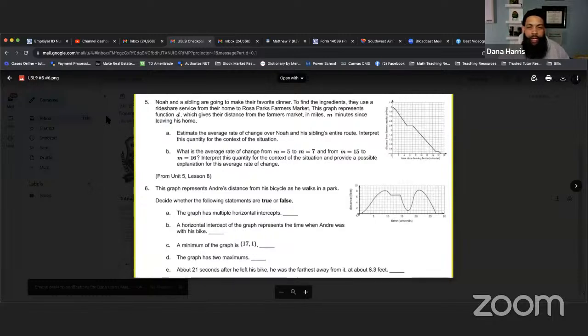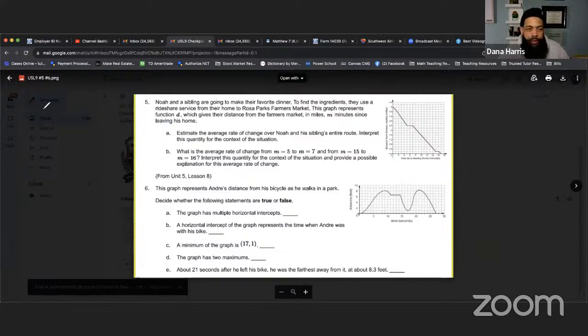So here we have, it says Noah and a sibling are going to make their favorite dinner. To find the ingredients, they use a rideshare service from their home to Rosa Parks Farmers Market. This graph represents function D, which gives their distance from the farmer's market in miles, m minutes since leaving his home.